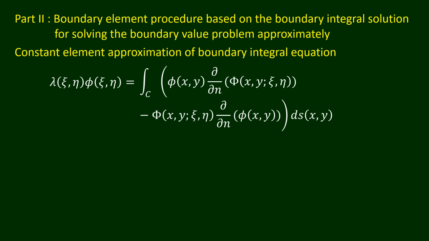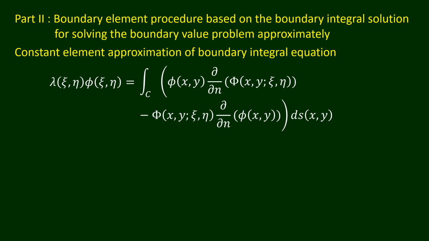Let us now approximate the integral over C in the boundary integral equation for the two-dimensional Laplace's equation. The integral over C is approximated as the sum of integrals over all the straight line elements. The functions phi and del phi over del n are approximated as constants over each of the elements.